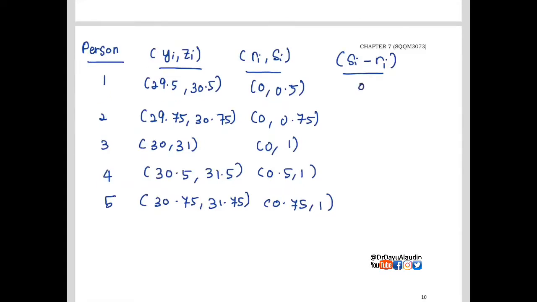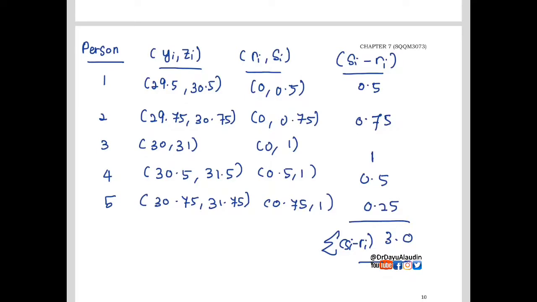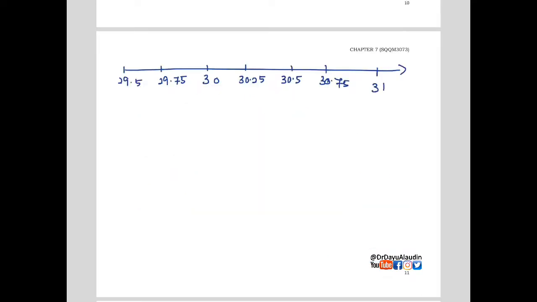First one is 0.5, 0.75, 1, 0.5, and 0.25. So the total, the summation of SI minus RI, is 3.0.